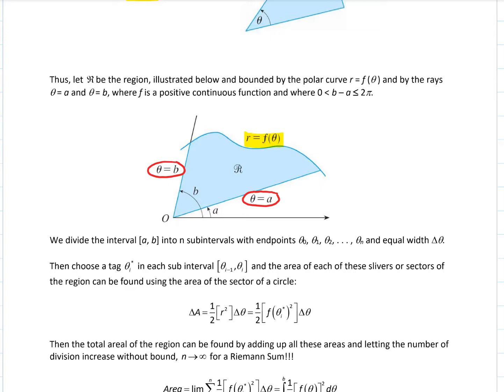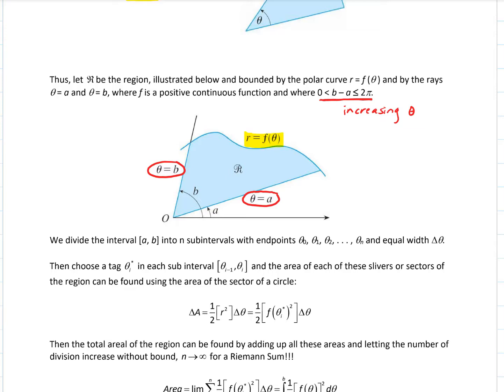Now, we are going to make some assumptions here: that theta is increasing, so b minus a is greater than 0, which means it's increasing, and it goes around at most once through the circular coordinate system, since it's less than 2 pi.